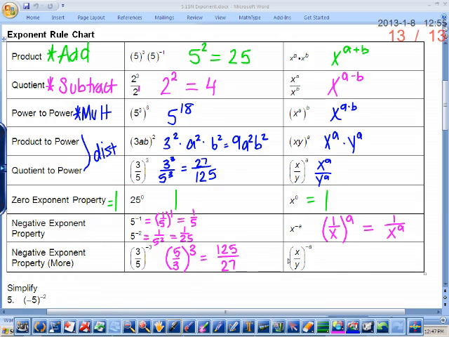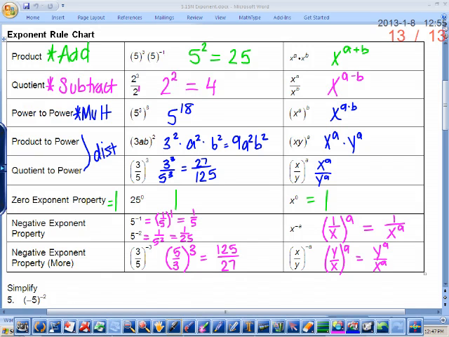So how could I rewrite my rule? Y over X to the a power, which is the exact same as y to the a power over x to the a power. Okay? Sorry, my a's kind of look like 9s.